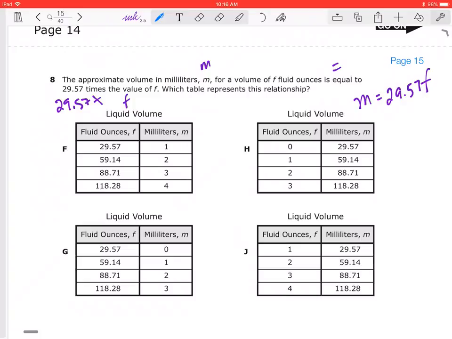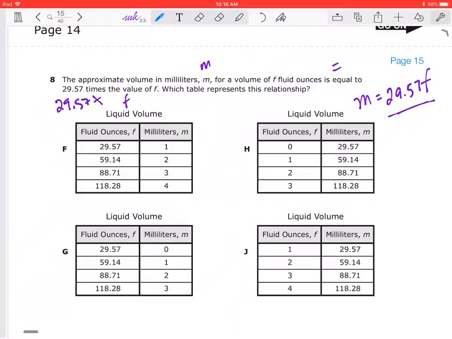And then it says which table best represents this relationship. That means that my plus constant is 0, which means it is a problem that's going through our origin.